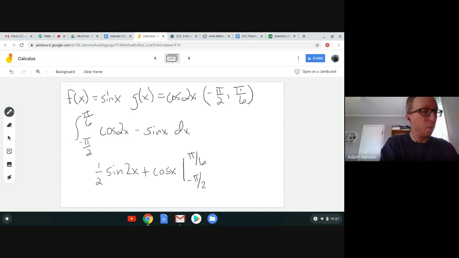All right, if you haven't already, it might be good to grab a unit circle because we have to plug in some of these radian values, pi over 6 and pi over 2.